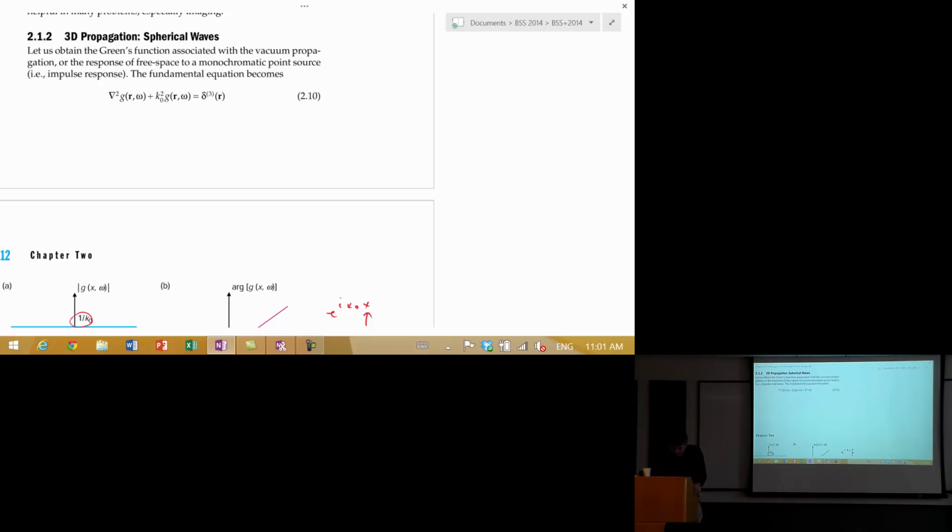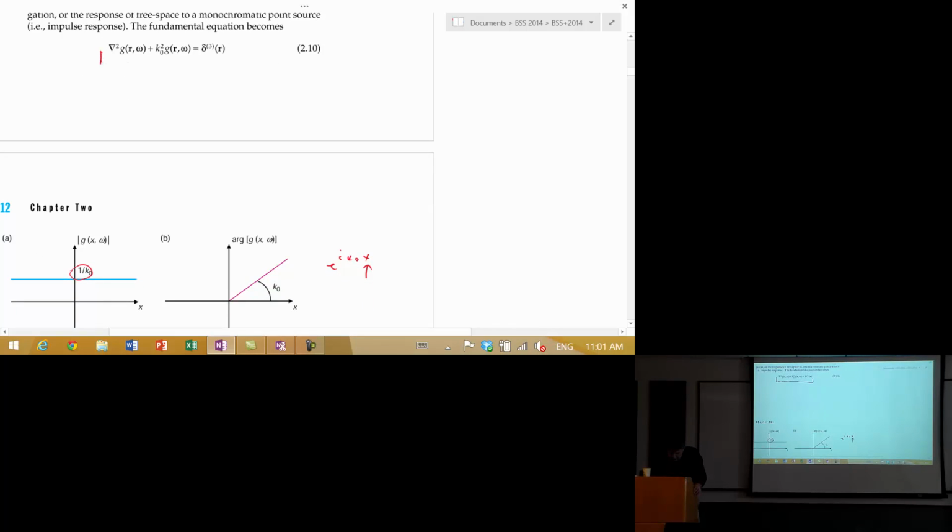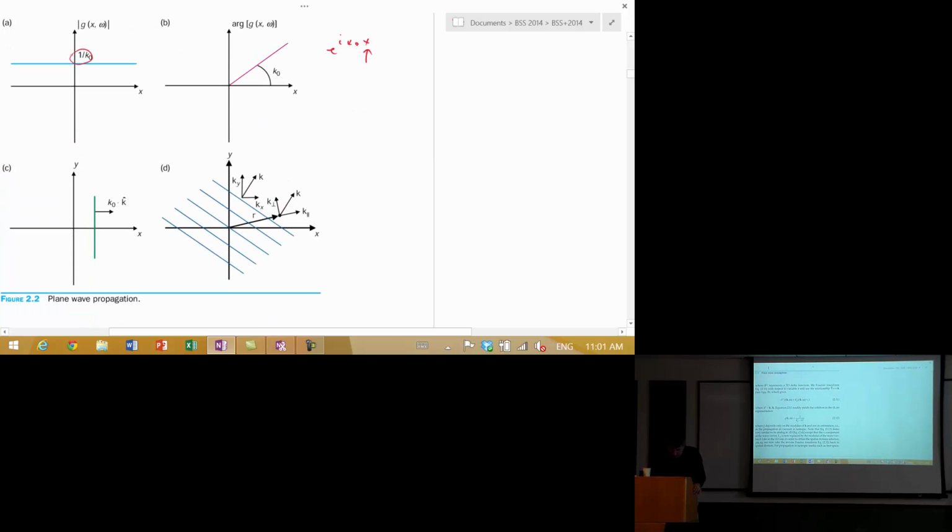But I want you to know how to solve the equation as if you don't know. This is the Helmholtz equation with the source now as a delta function in 3D. It turns out the Fourier transform in 3D of this thing is still 1.